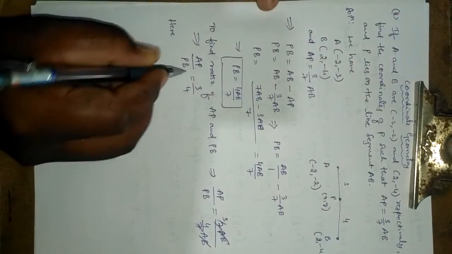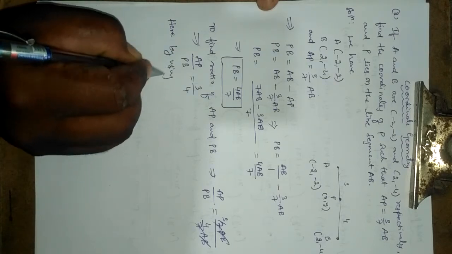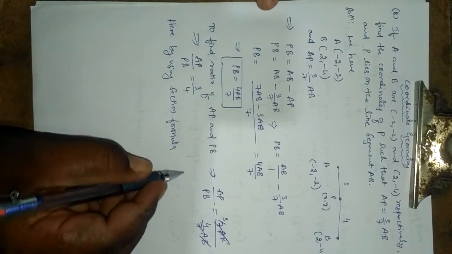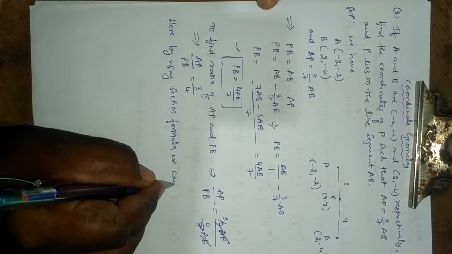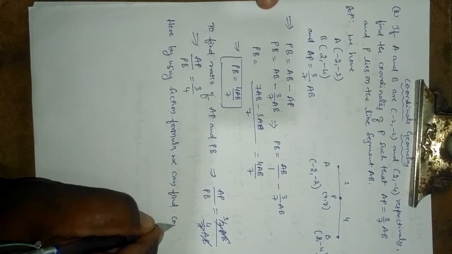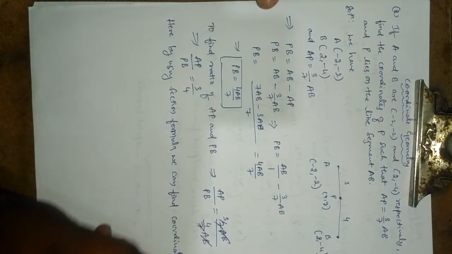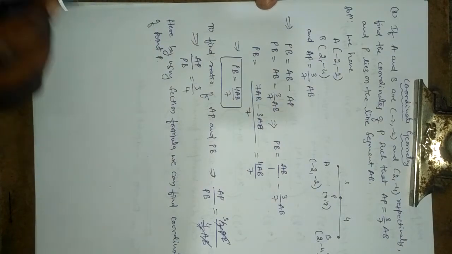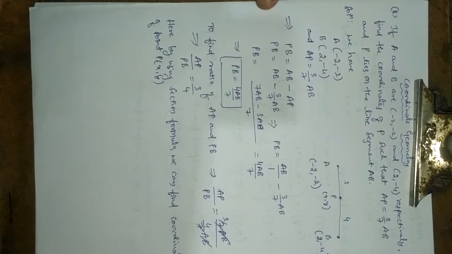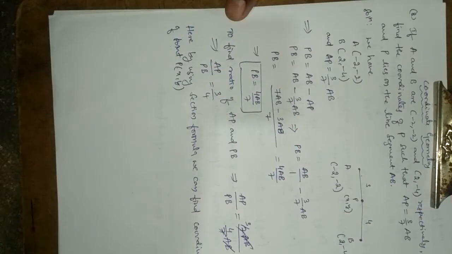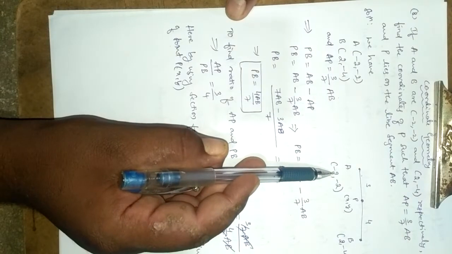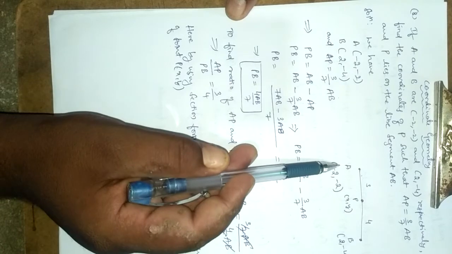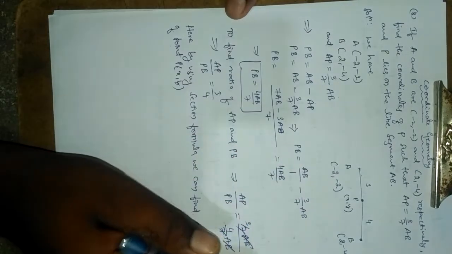By using the section formula, we can find the coordinates of point P(x, y). Here we have to find the coordinates of point P with the help of the section formula. Here the ratio is 3:4, and x1, y1 and x2, y2 are given.